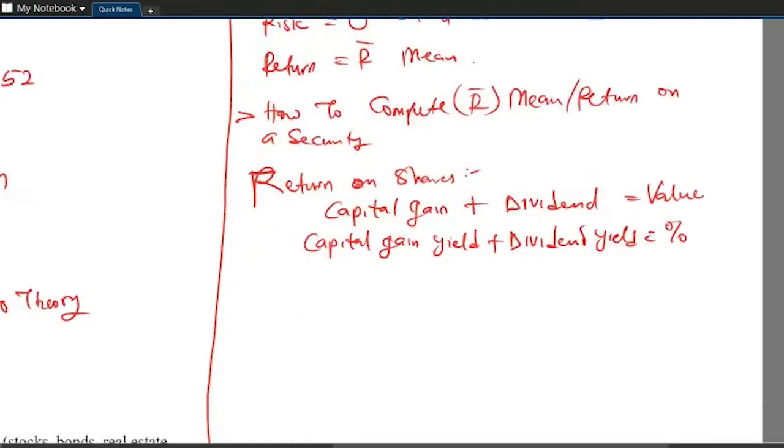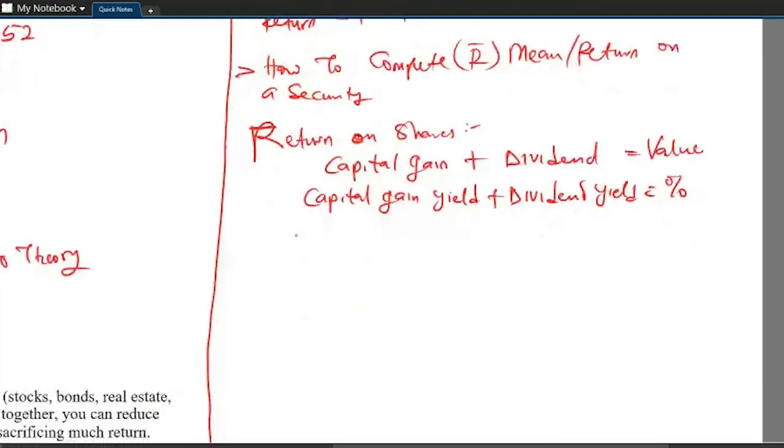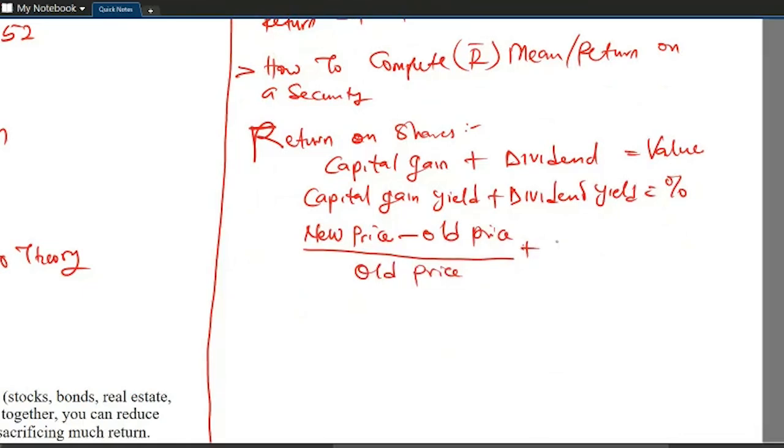So if we want to calculate the capital gain yield, how do we go about it? We say new price minus old price over old price, then plus dividend per share over old price. So this is capital gain yield, while this is dividend yield.